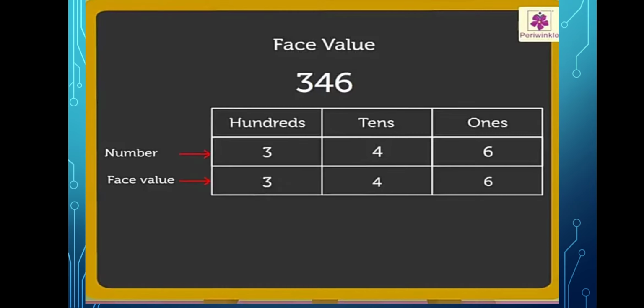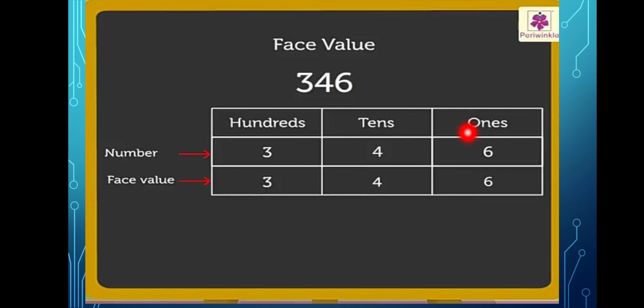Now, here we take the number 346 again to understand this. As you all know, number 3 is placed in the hundreds column, number 4 in the tens column, and number 6 is in the ones column.